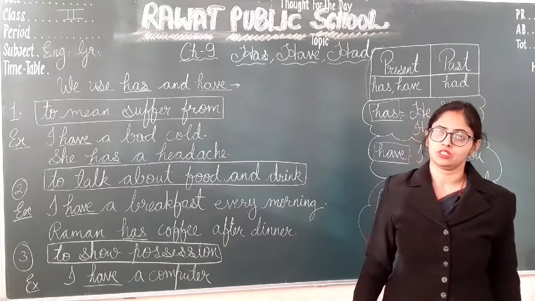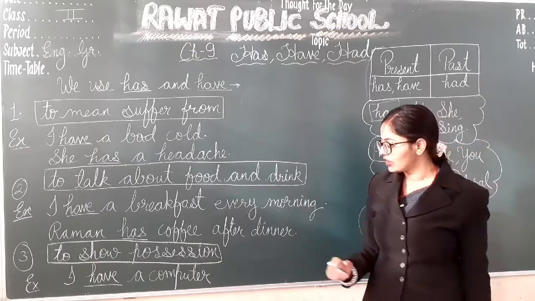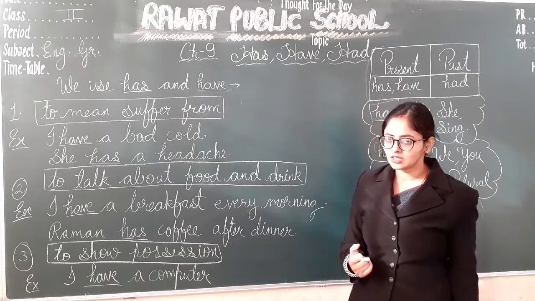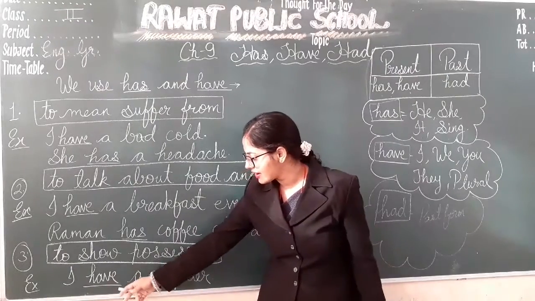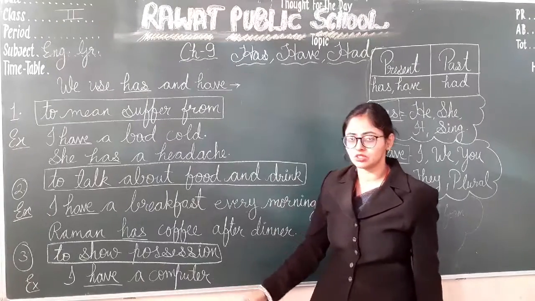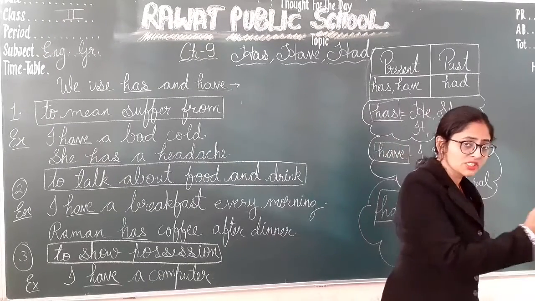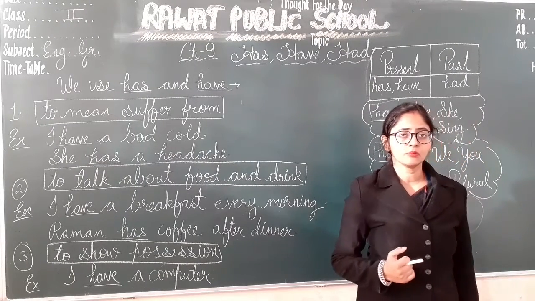That time also you can use has or have. For example, if I am saying मेरे पास कंप्यूटर है, so I can use I have a computer. I have a computer. उसके पास है, he has a computer.